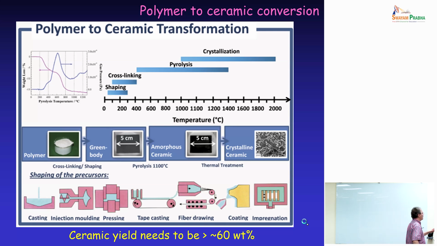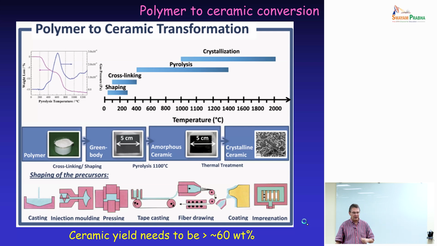So you want a high ceramic yield, and the material goes to shaping, often thermal, using temperature. Then you have cross-linking, typically below 400 degrees, and then you have the polymer to ceramic transformation within typically 400 to 700, 800 degrees. And during this process, you are eliminating all the organic moieties.